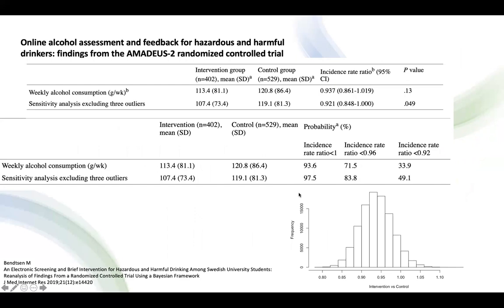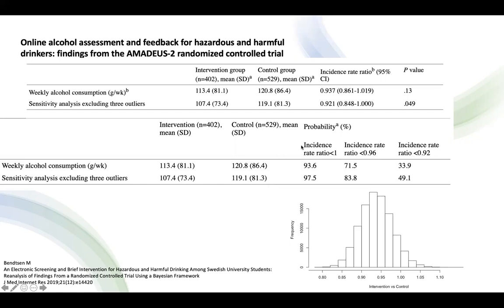The bottom one is the same sort of analysis, but from a Bayesian perspective. So we have our people here that have been in the trial. It's their consumption here, exactly the same. But rather than having these point estimates of a specific incident rate ratio and a specific p-value, we ask questions like, what's the probability that an incident rate ratio is less than 1?